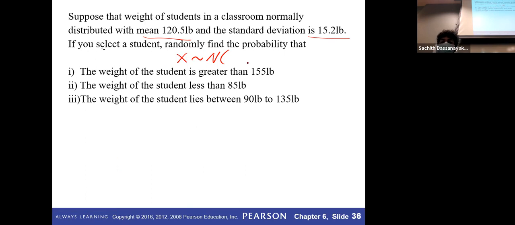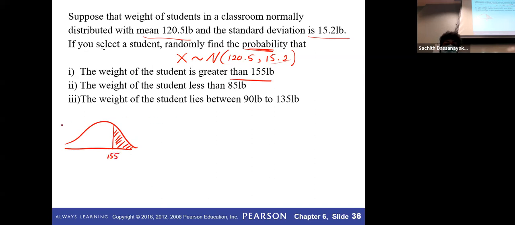So x is my variable, it has a mean 120.5, standard deviation is 15.2. This is all we have. Then we need to find the students greater than this much. Greater than this much means this area. We need to find the probabilities, or simply areas. This value right here is 155.